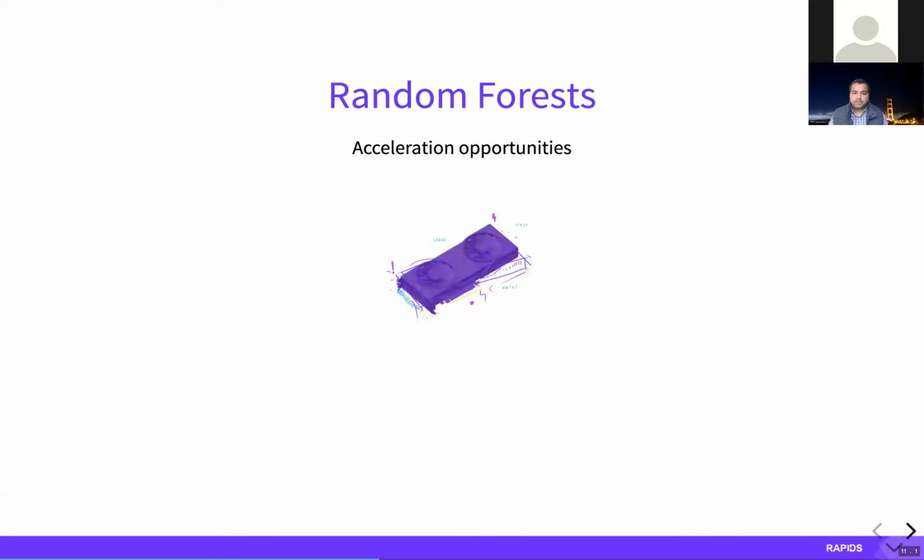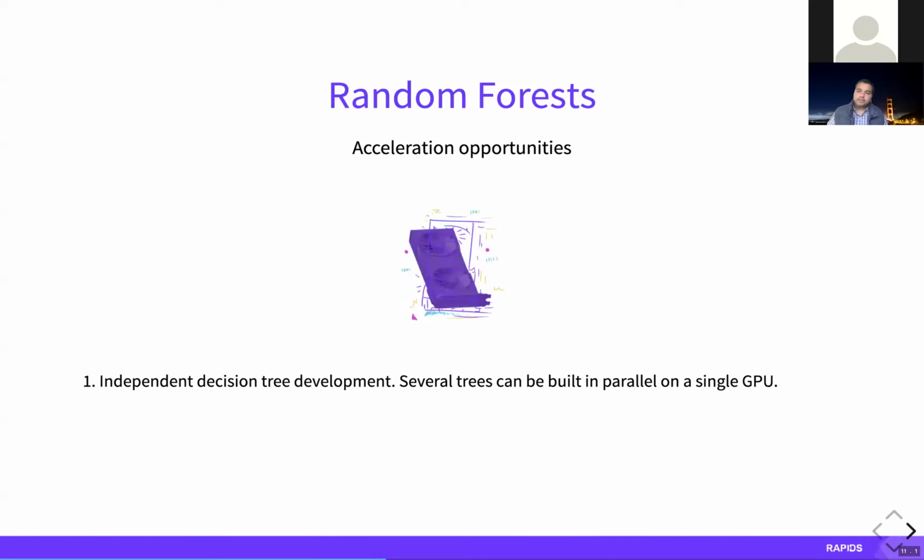If you think about it, the first thing that comes to mind is that all the trees were independent. While developing each tree, you don't really care about the other trees. It's completely independent compute, and that can be parallelized using GPUs.